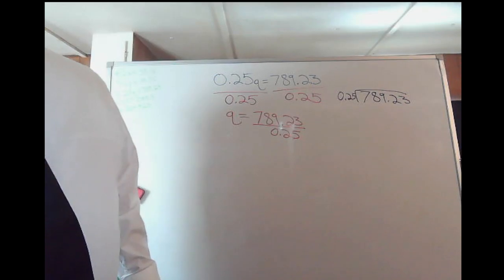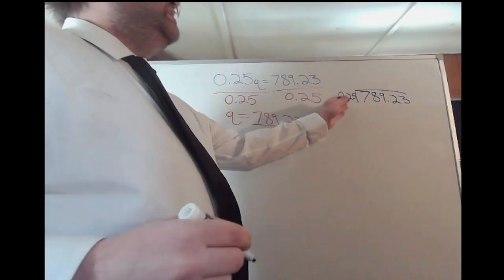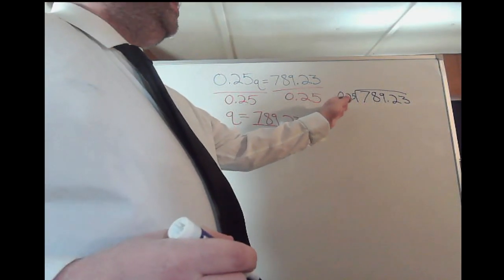Well, let's go ahead and write that out. 789.23 divided by 0.25. Well, if we look here, we have a decimal in the divisor, which we don't want.